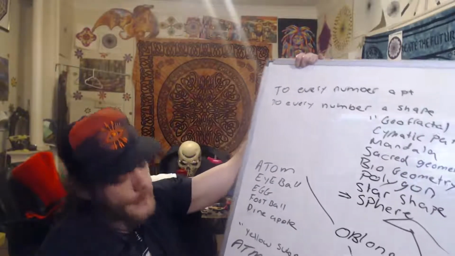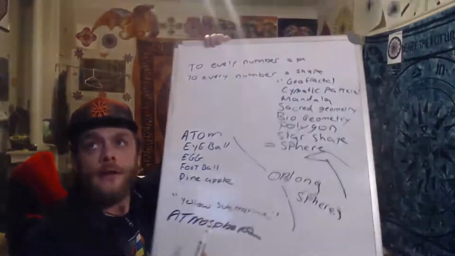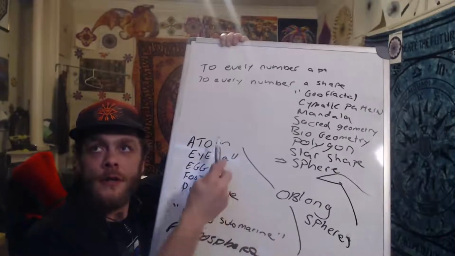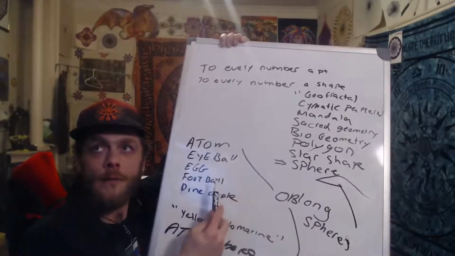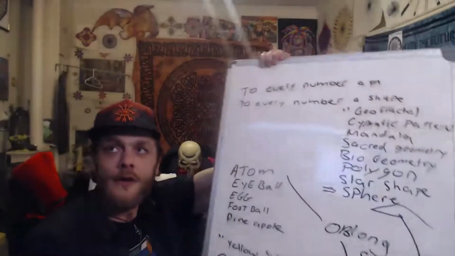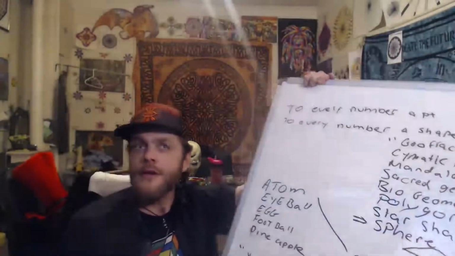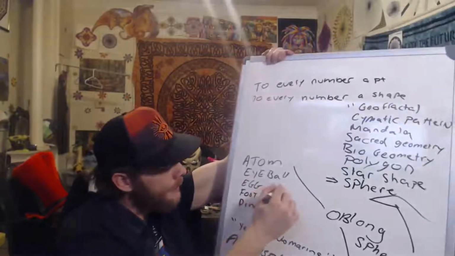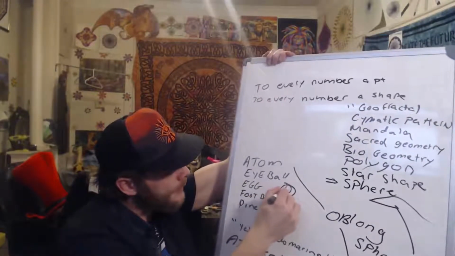You're inside the atmosphere, right? You're inside the atmosphere, oblong sphere, atom, eyeball, egg, football, pineapple. You in the mix there. Everything oblong spheroid. An echo chamber. A ring. Is that ring?